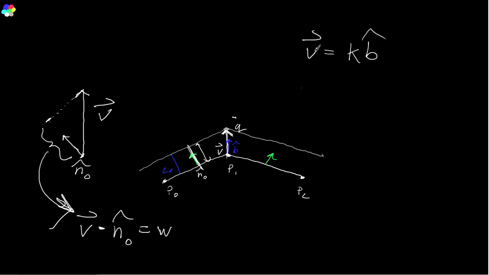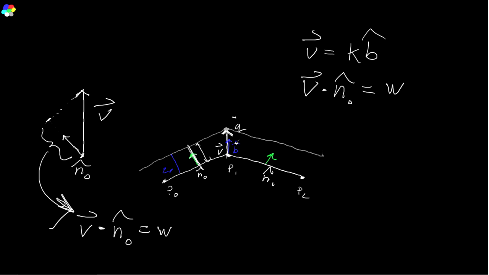So we know v is equal to some scaling factor times b hat. And we know that v dot n sub 0 hat is equal to w. We could use n sub 1 hat, it would be the same thing, but we'll use n sub 0.